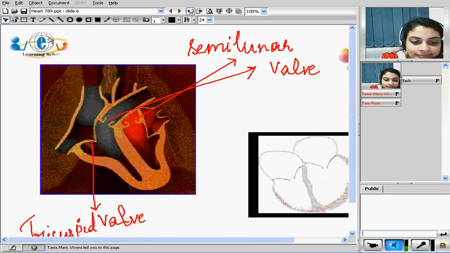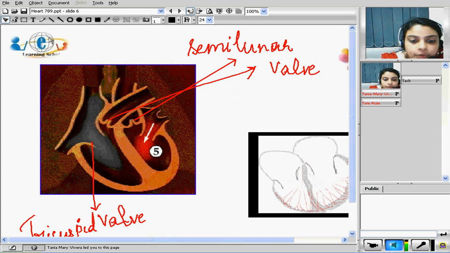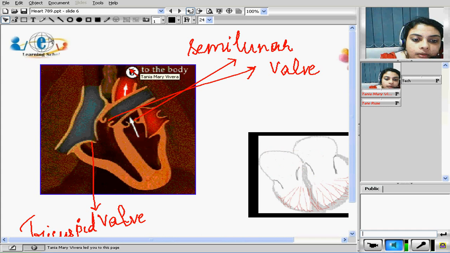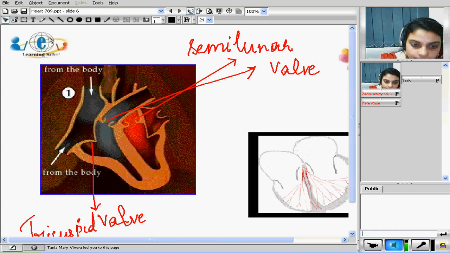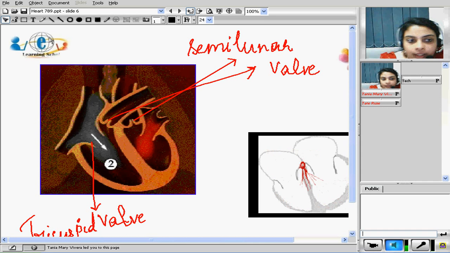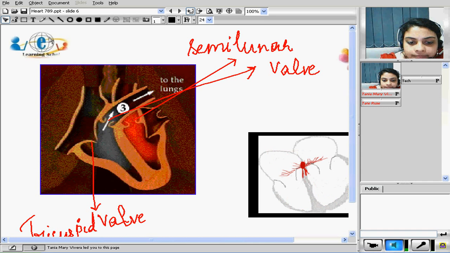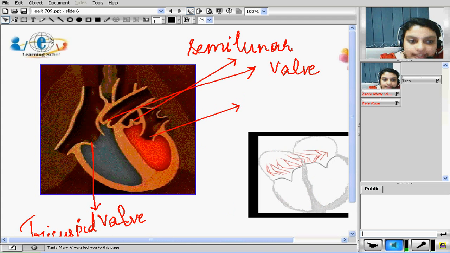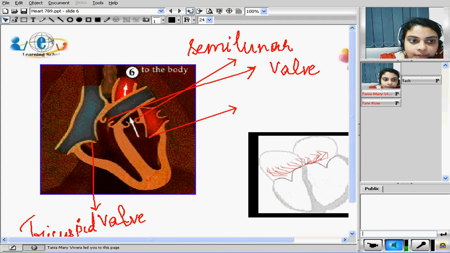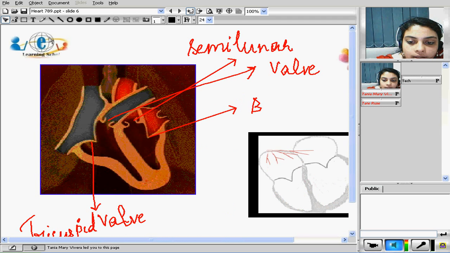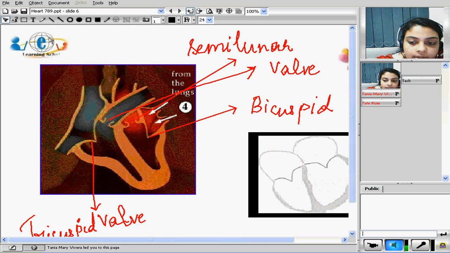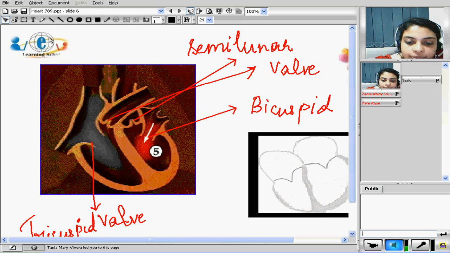Okay, that's quite smart of you. So you've got two semilunar valves here. One is opening to the lungs, and one is allowing the purified blood to go out to the different parts of the body. Can you see any other valve there? Yeah, I can. This is the other one. Yes, that is in the left chamber of the heart, so it's called the bicuspid valve, and it allows the purified blood to come from the lungs.